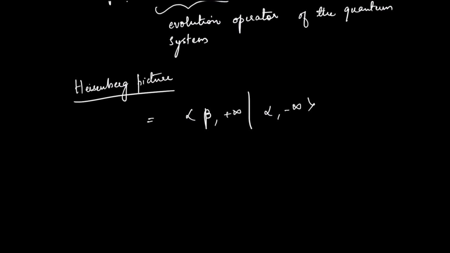So the state beta is defined at plus infinity, and the state alpha is defined at minus infinity.